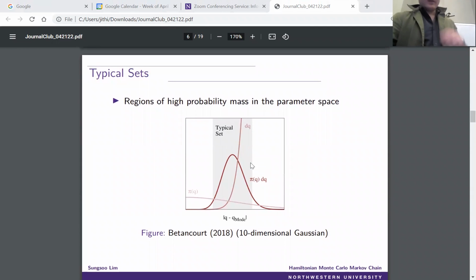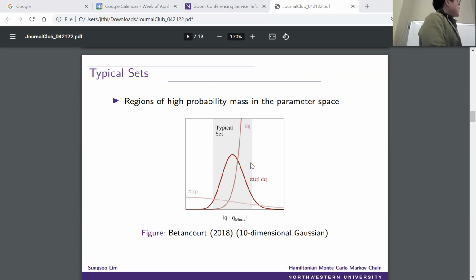So I think in low dimensional cases, if we take a one-dimensional Gaussian, we can reason that the high probability regions would be concentrated around the mode. But in higher dimensional cases, I found this to be a little bit counterintuitive: instead of the regions of high probability mass being concentrated around the mode in the parameter space, it actually has geometric structures that are not simple to define.